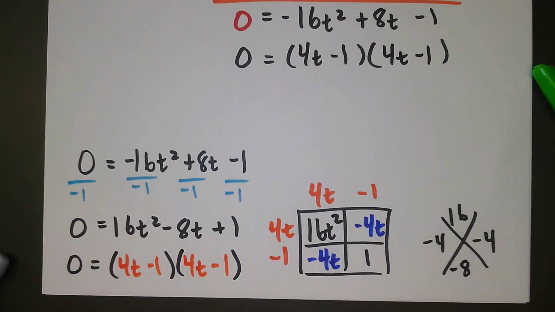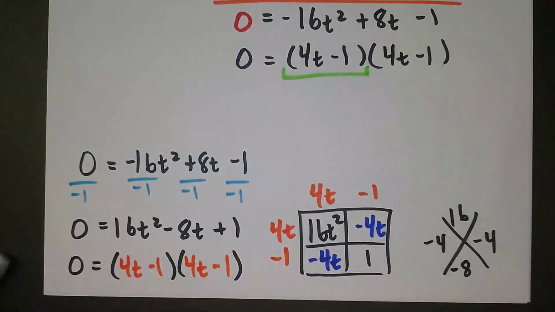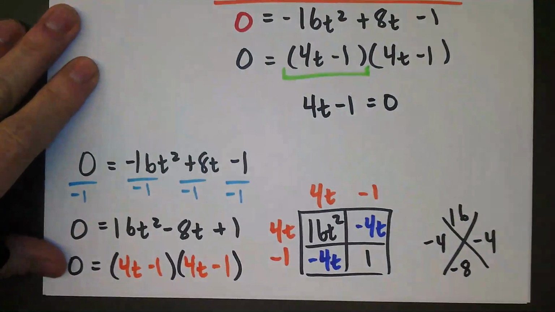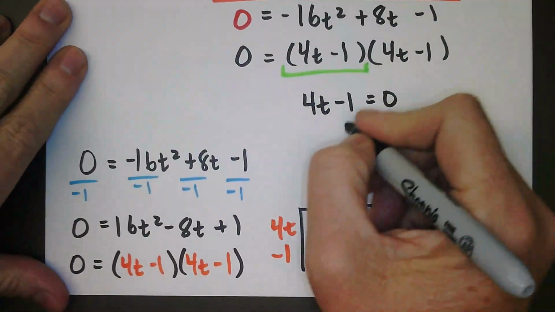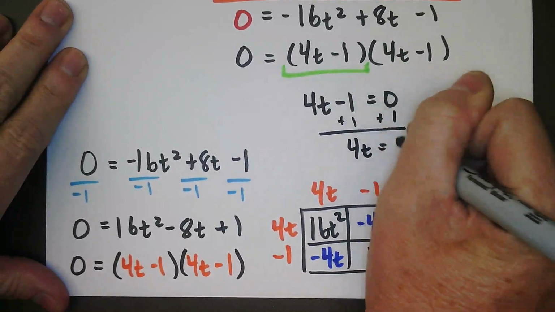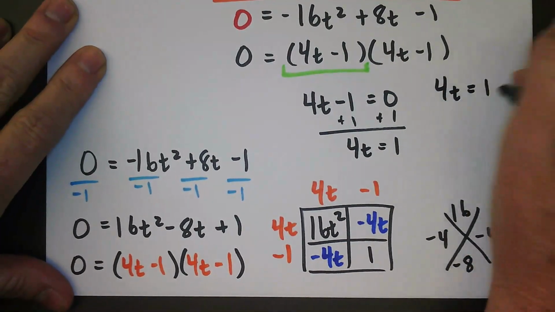So now what I can do is set each of these pieces equal to 0 and solve it. And since they're identical, I really only need to do this one time. I'm going to take my 4t minus 1 and set it equal to 0 and solve that. I'll add 1 to both sides. So I'm going to get 4t is equal to 1. I'll just rewrite it up here because I'm running out of room a little bit.